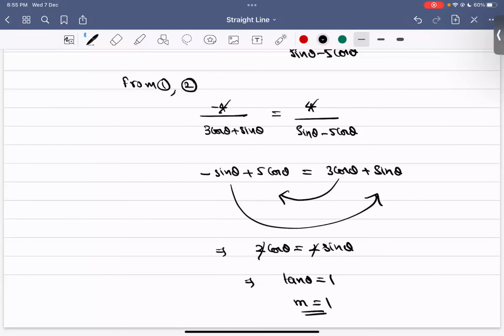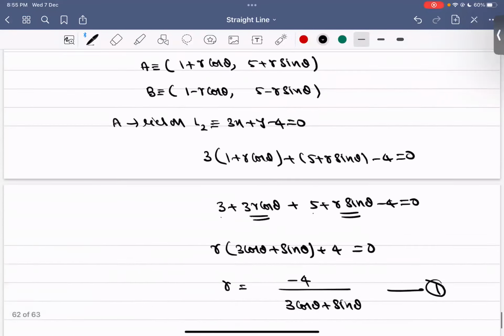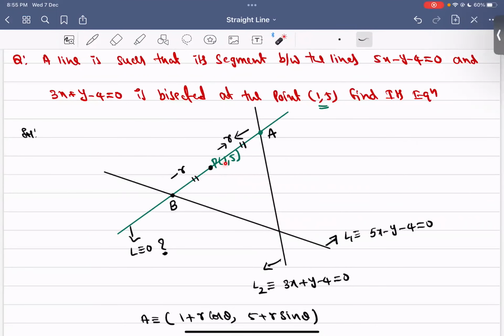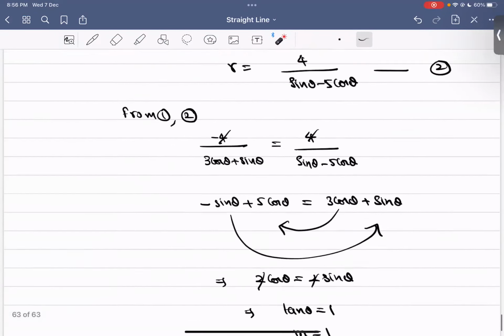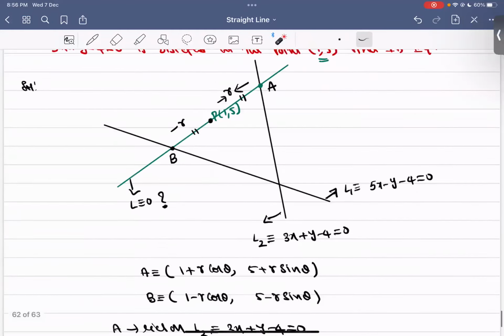Yes, slope of the line we got. Therefore, point already we have, 1 comma 5. Slope of the line we got as 1. Therefore, the equation of the line in point slope form is y minus y1 is equal to m into x minus x1. What is the point? 1 comma 5, right?